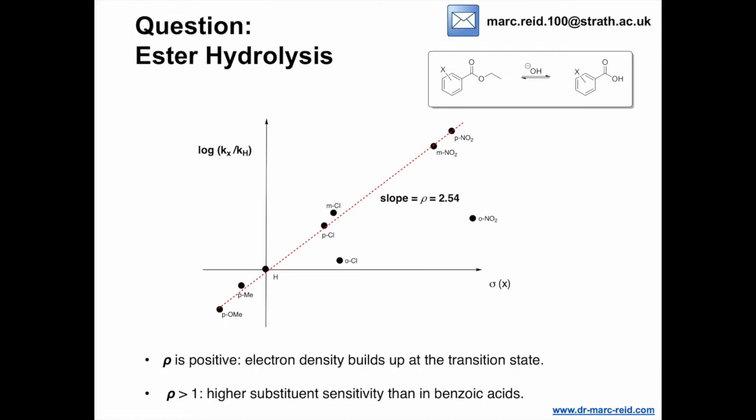Firstly, rho is positive, so electron density builds up at the rate-limiting transition state. Overall, the reaction is favoured by electron withdrawing substitution on the aryl ring. The rho value being much larger than 1 signifies a reaction in which the substituent imparts a greater influence than the same substituents present for benzoic acid deprotonation in the reference reaction.